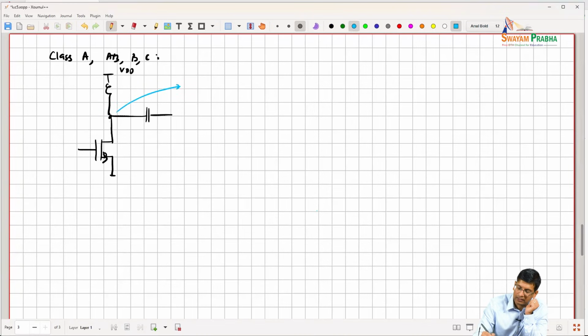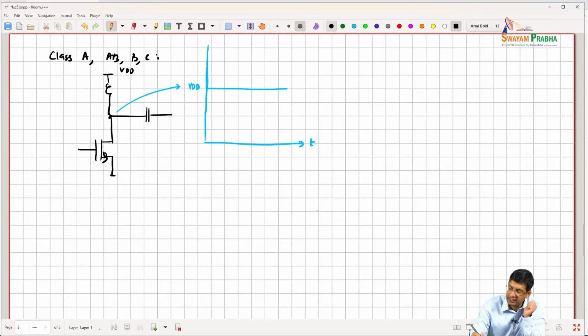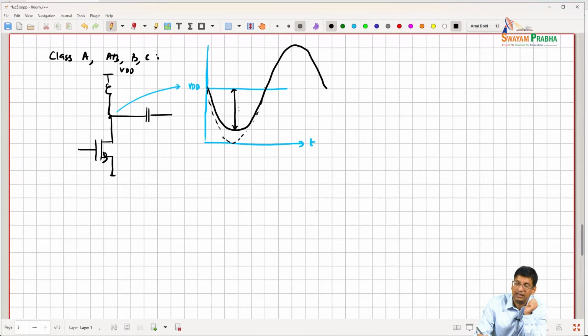If I rotate this, my claim is that this node goes about VDD. So it swings, let us say, up and down, right. And I assume that I could have this keep on increasing until it was able to hit VDD, right.